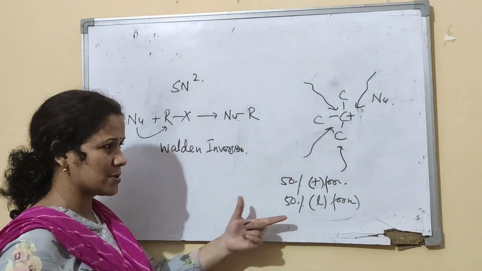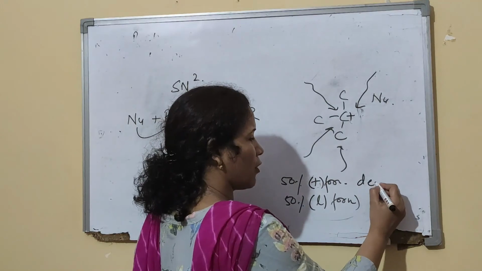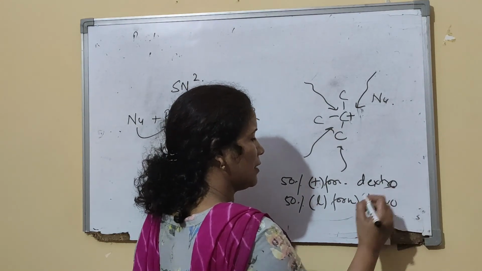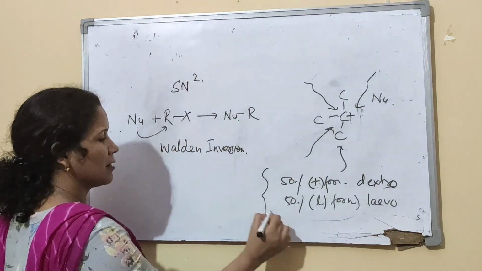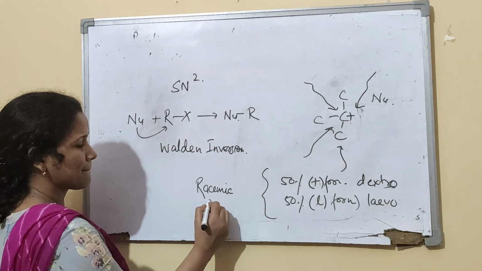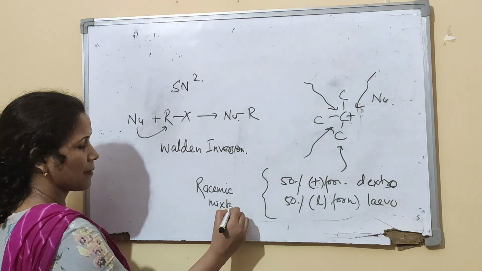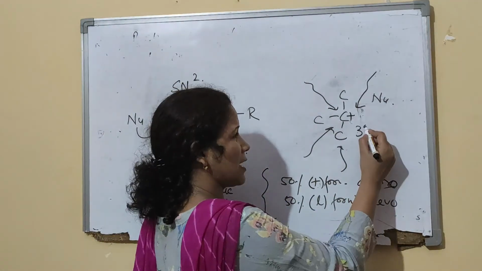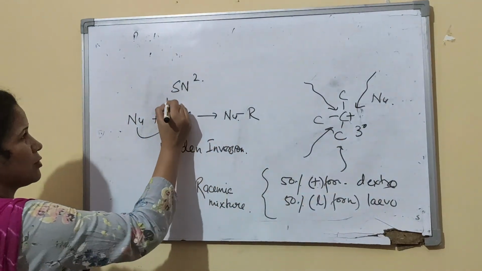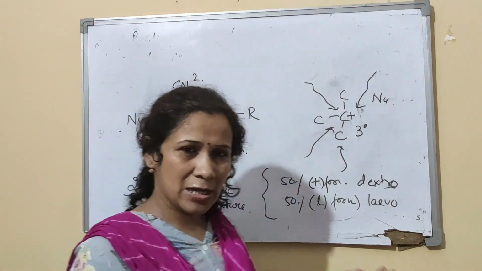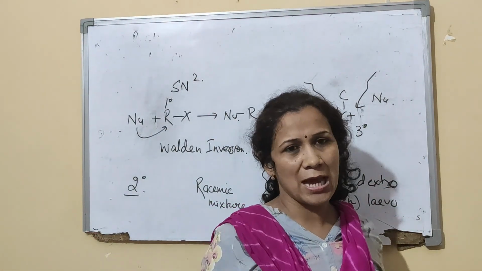So this 50% dextro form and 50% levo form makes a racemic mixture. Now this is for 3-degree carbon, you have this happening. 1-degree carbon, you have this happening. So what about 2-degree?